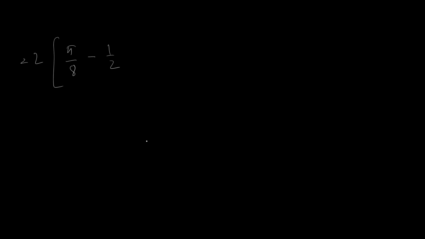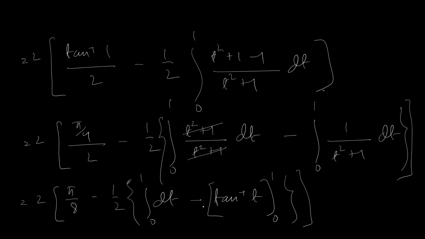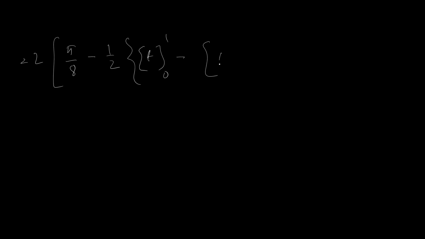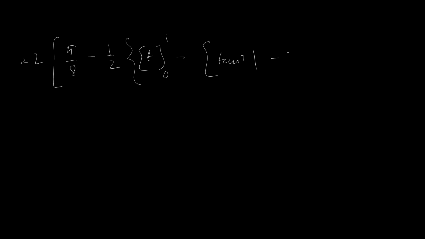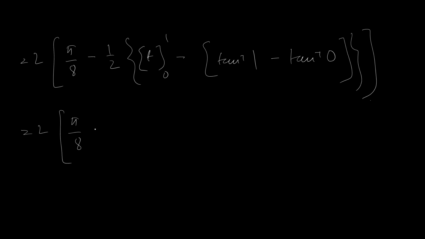Integration of this will be t, so this will be t from 0 to 1, minus tan inverse 1 minus tan inverse 0, square bracket closed. So 2, this is pi by 8 minus 1 by 2, this will be 1 minus tan inverse, this is pi by 4 minus 0.